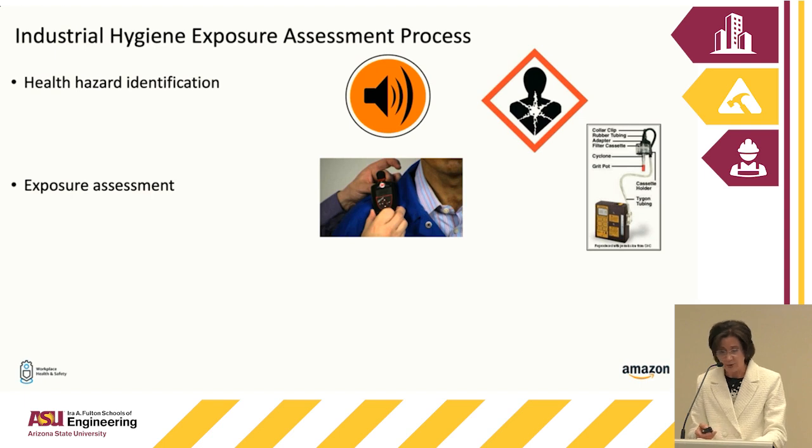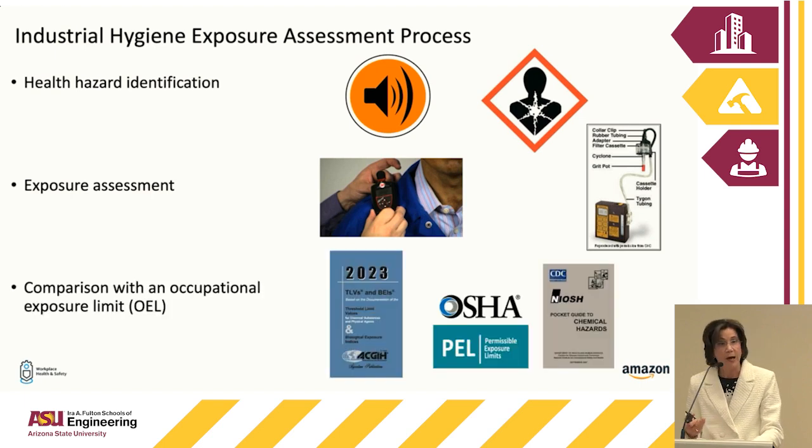Then exposures are compared to an occupational exposure limit. So we already talked earlier today, someone mentioned that the OSHA PELs, the permissible exposure limits for chemical agents, haven't been updated since 1970, and they won't be updated. But then do we have the ACGIH TLVs? Do we use that? OSHA doesn't look at the TLVs.